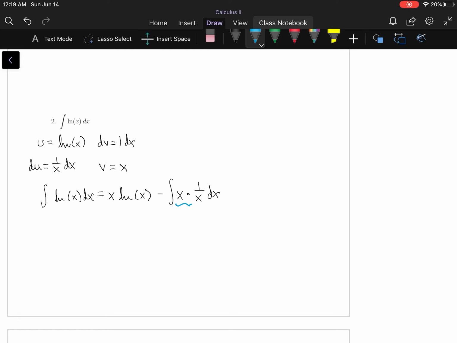Notice that our integrand here is 1, so it simplifies very nicely, which leaves us with x log x minus the integral of 1 dx, which is x, plus our constant c. And that would be our answer here.